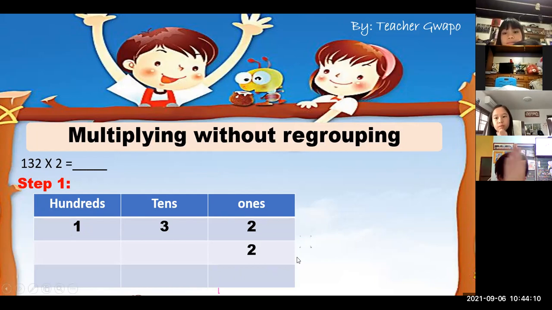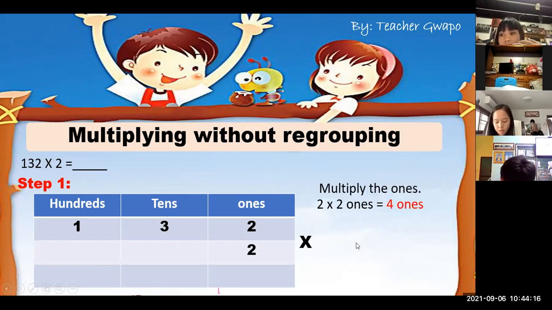So we write the symbol of times or multiplication. Now, always remember that when we multiply, we need to start in the ones place. Now, if we multiply 2 times 2, we will multiply the ones. 2 times 2 is equal to 4, right?